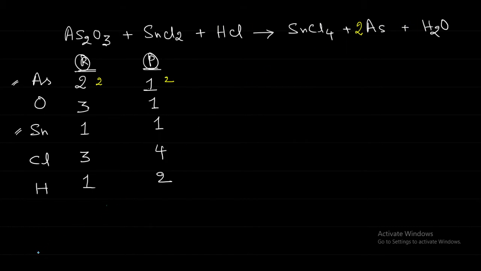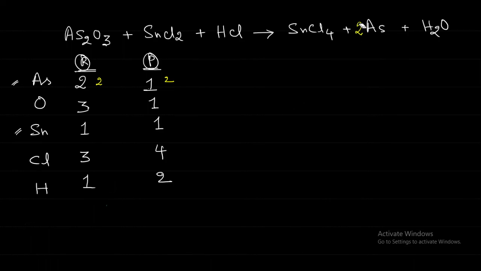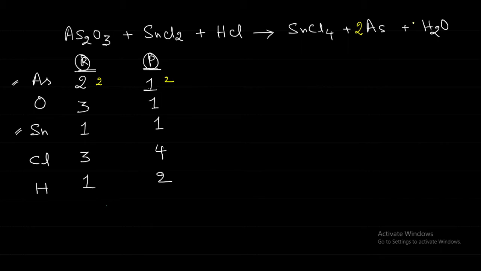So what we are doing is, arsenic we are multiplying with 2 and water we are multiplying by 3. That is to equalize the arsenic and oxygen.